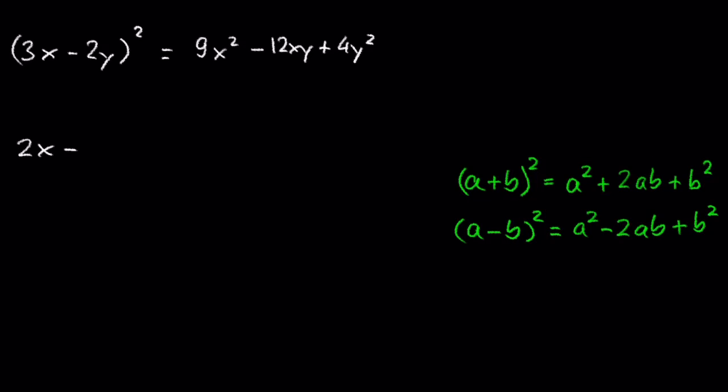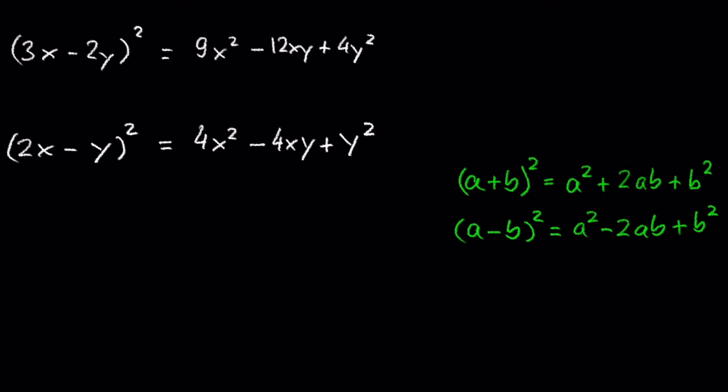Let's look at this example. (2x - y) squared. 2x squared is 4x squared. y squared is y squared, and the term in the middle is negative 2 times the first term times the second term, which is then negative 4xy.